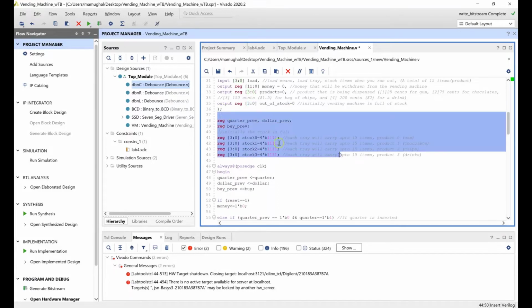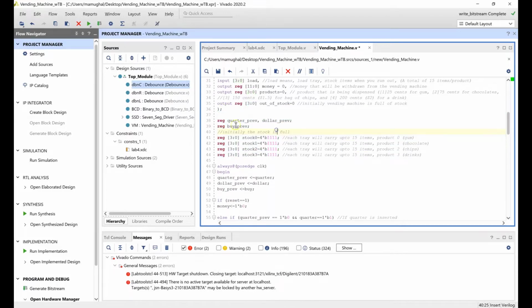Here are a bunch of registers that I have. Let's look at line number 38. The first ones are the quarter previous value, the dollar previous value, and the buy previous value. Anytime money is inserted into the machine, it gets stored in these registers, because we want to keep track of how much money is going in.